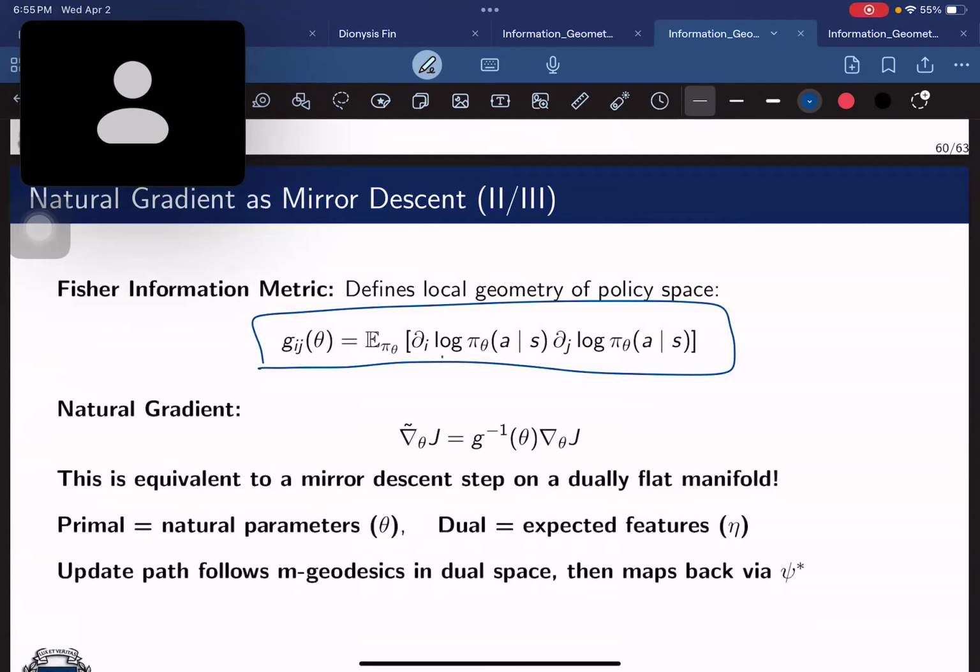If you're not familiar with reinforcement learning, forget about this section. But if you are, you know that the log of the policy is used most of the time in reinforcement learning.